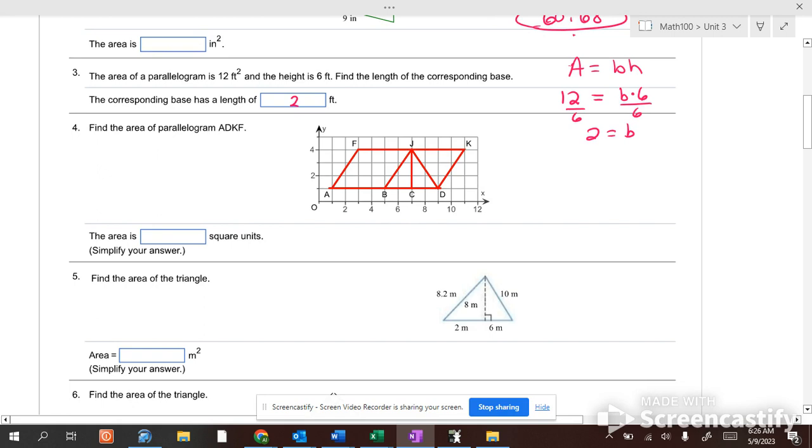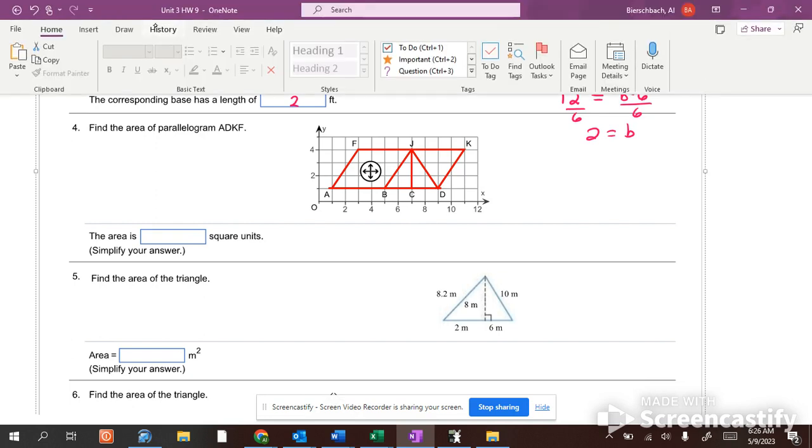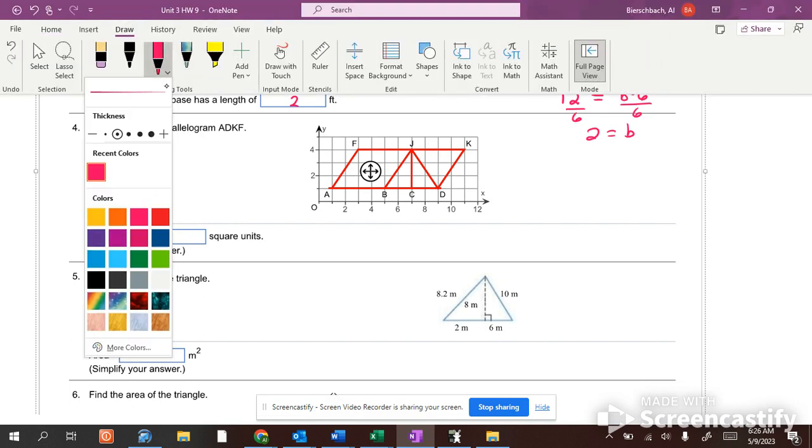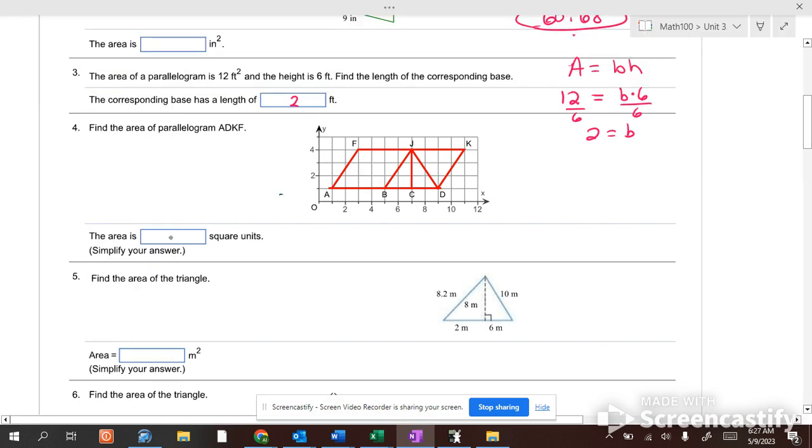The next one has a few parallelograms here. We want to find the area of AD KF, this whole outside one.